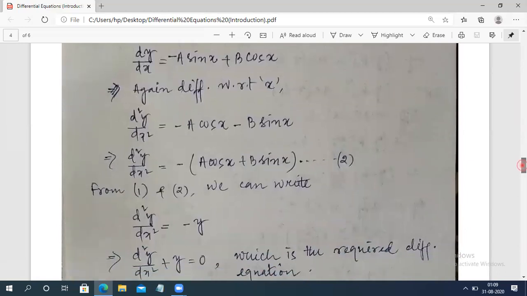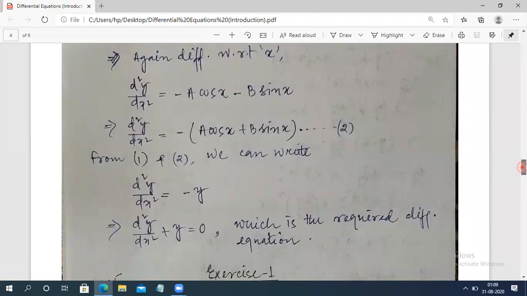So we can write d2y by dx square is equal to minus y. That means d2y by dx square plus y is equal to 0. That means a cos x plus b sin x is the solution of this differential equation d2y by dx square plus y equal to 0.